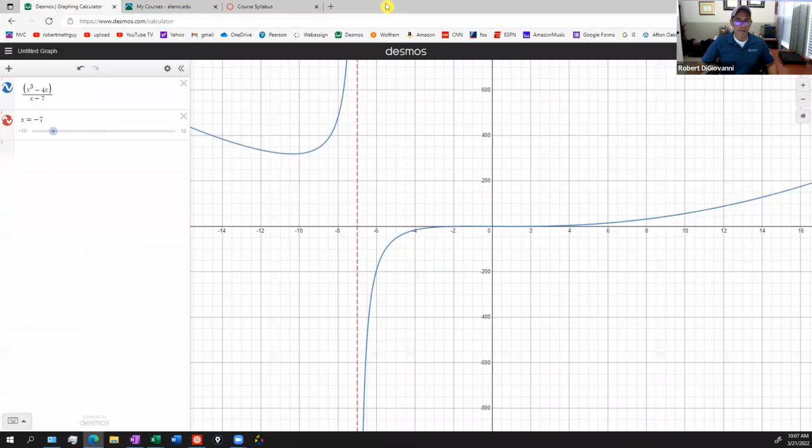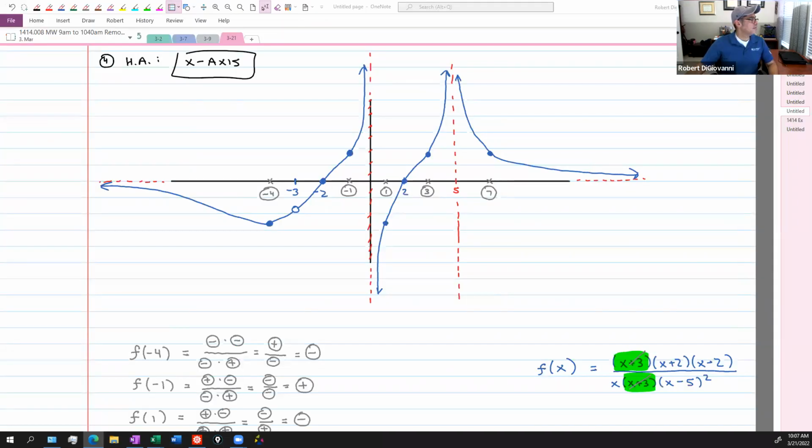I'm going to graph this. Let me do it on a different page first.